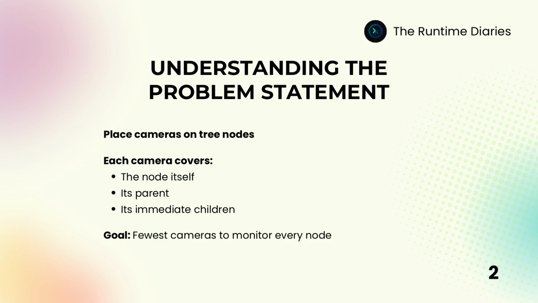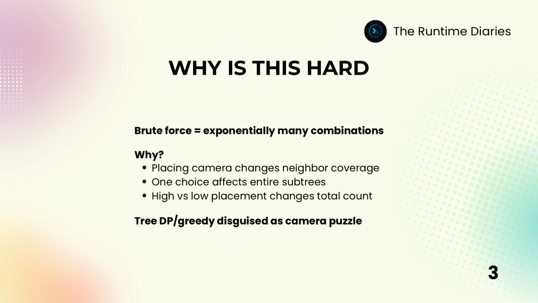This is a coverage optimization problem, and at first glance, it seems like you'd need to try every possible camera placement to find the minimum. If you try brute force, you'd have to consider exponentially many combinations. Why? Because placing a camera changes the coverage of its neighbors.